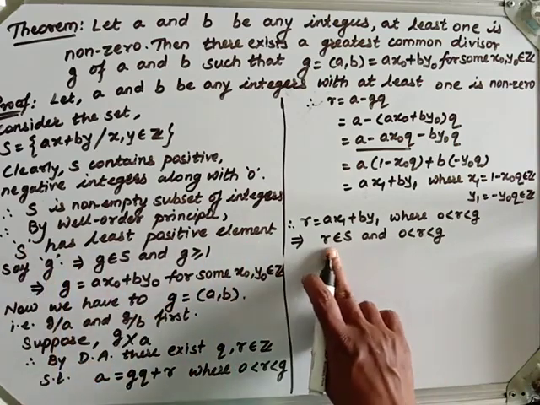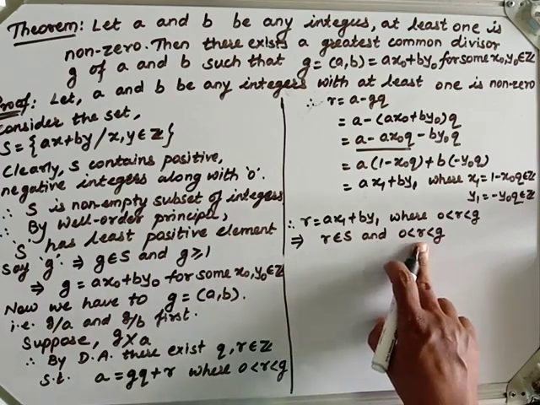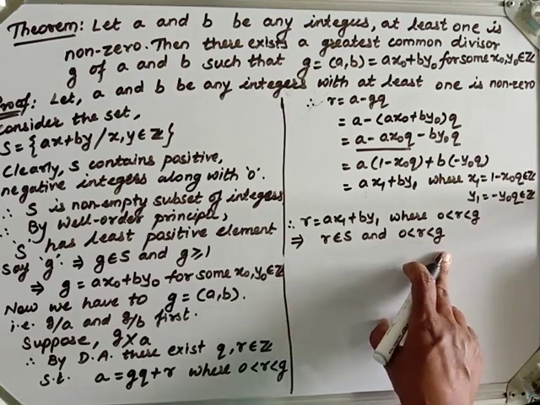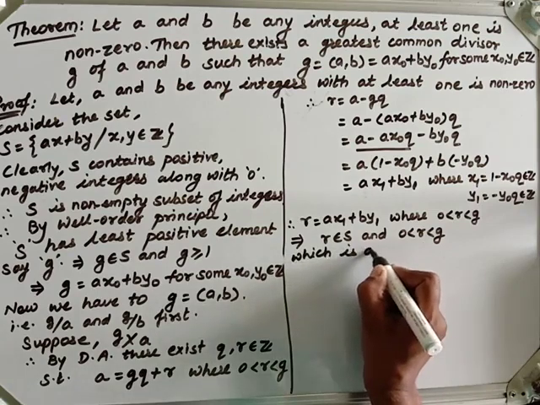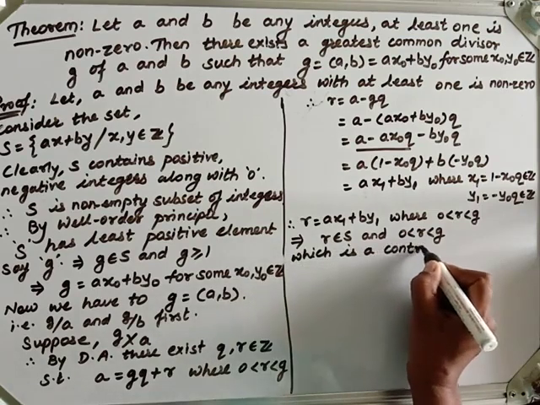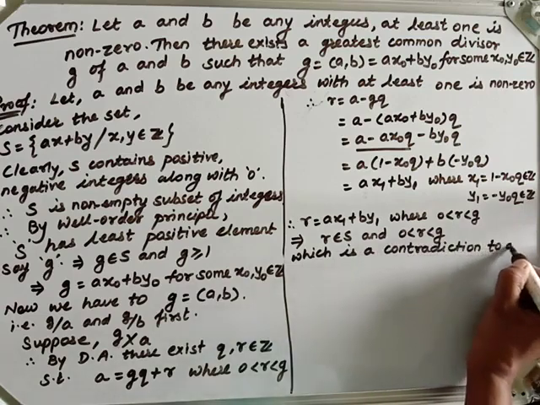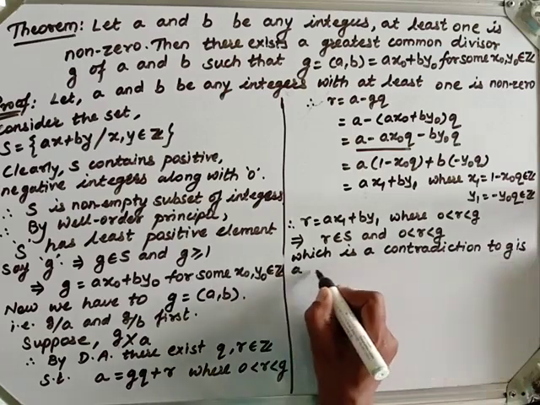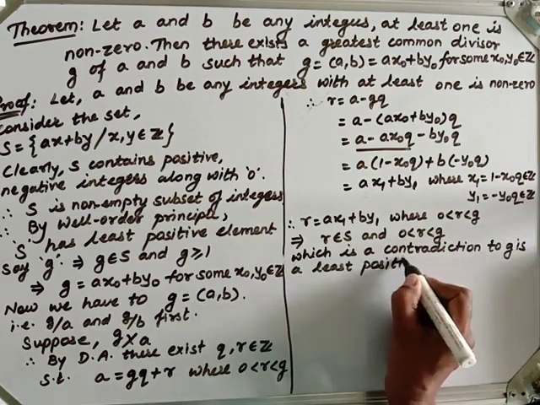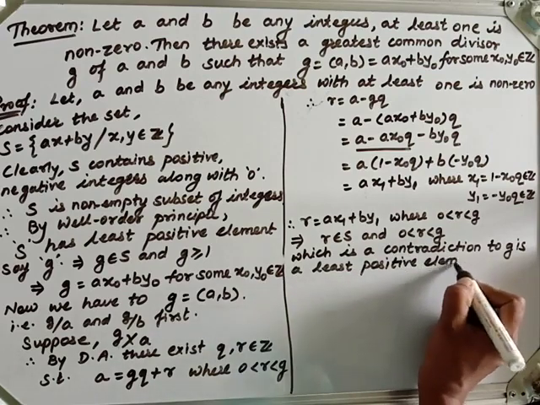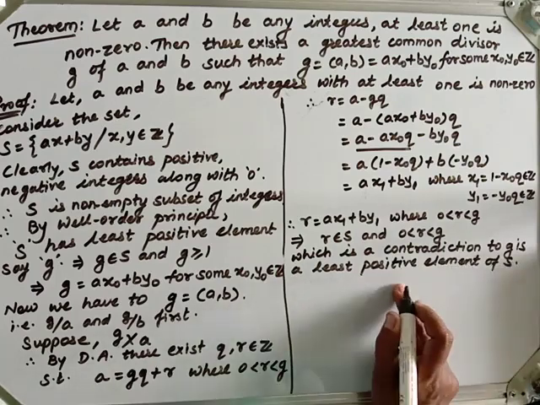G. Here we got that S consists of one more element which is less than G. So this is a contradiction to G being the least positive element of S. Therefore, why does this contradiction occur?